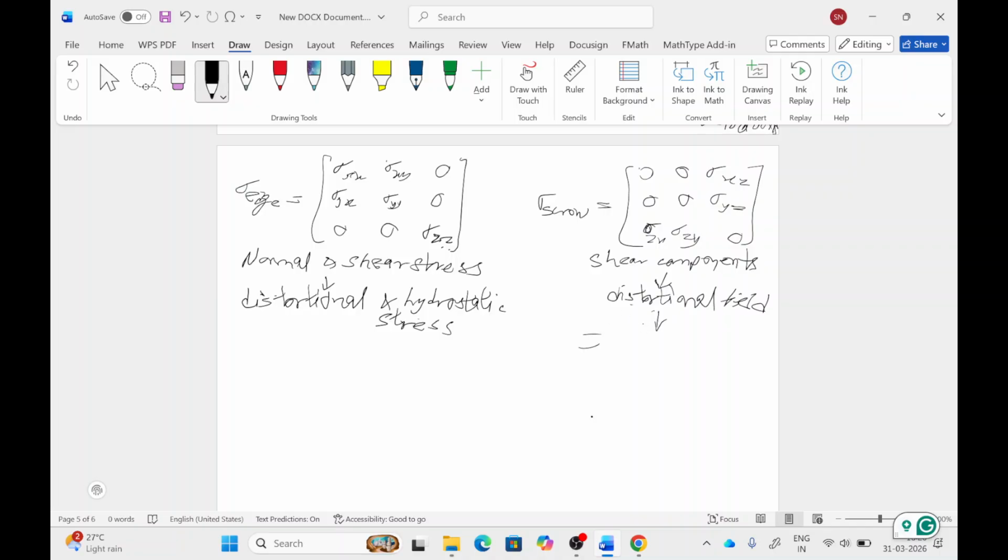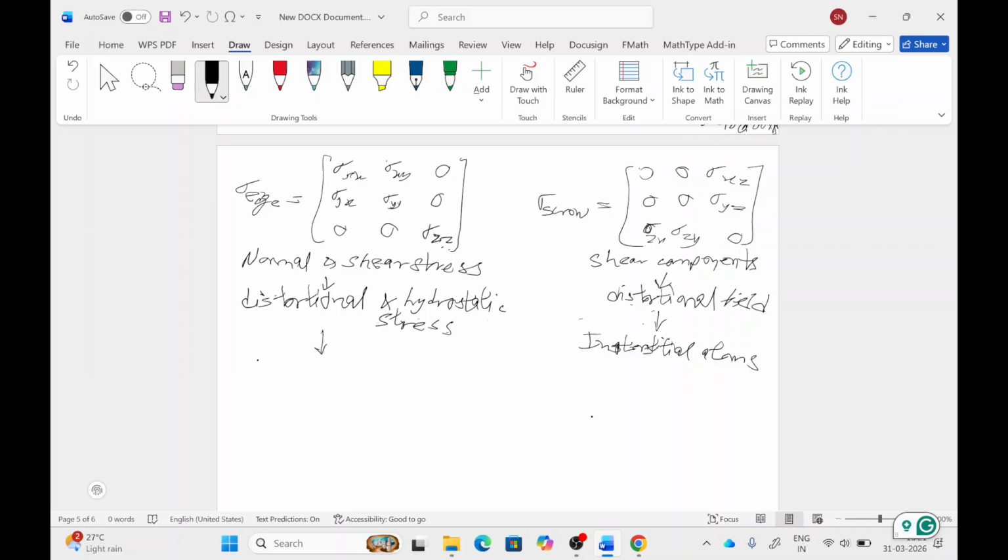So the edge dislocation only has the distortional and hydrostatic stress.